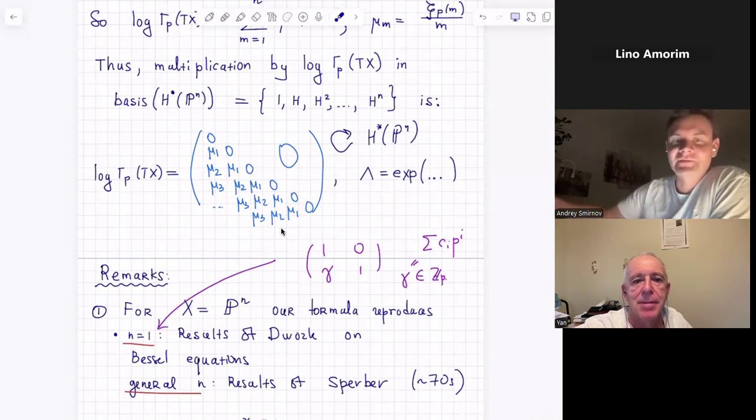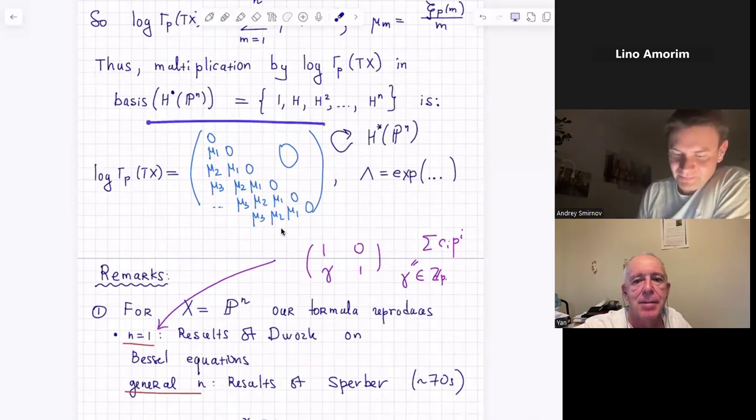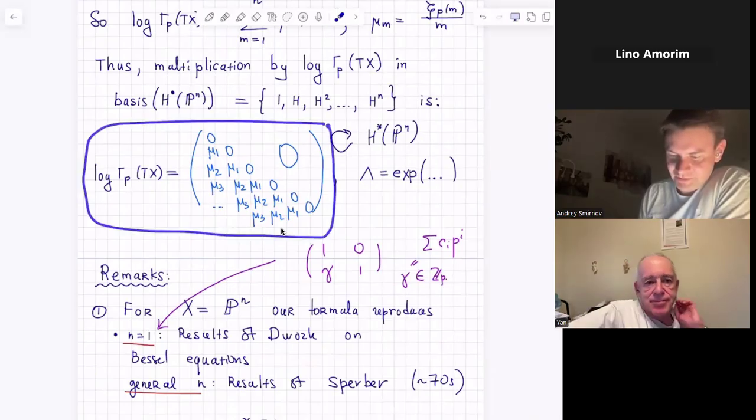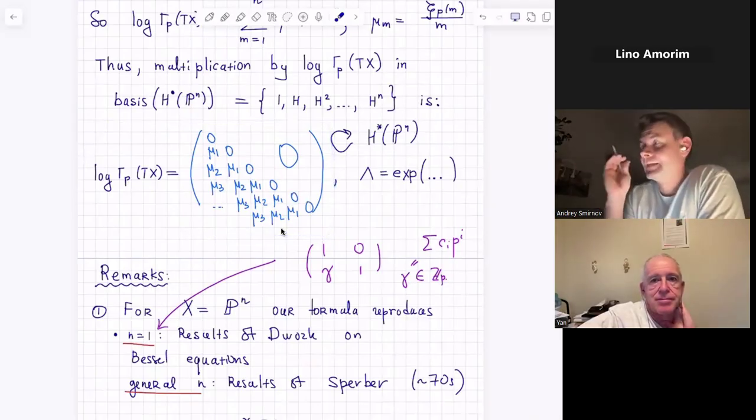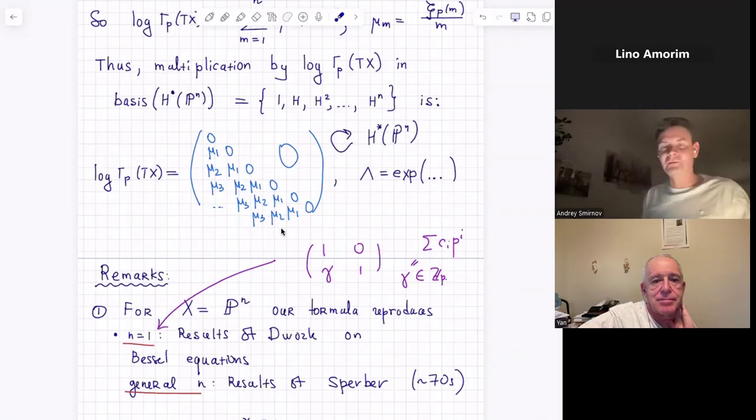Why did they construct this? Why did they consider these Frobenius intertwiners? Exactly because from this formula for the gamma class, you can estimate the p-adic valuations of the eigenvalues of the Frobenius intertwiner, and that's exactly what you need to bound. You need to know valuations of eigenvalues to bound your sum, your trace.